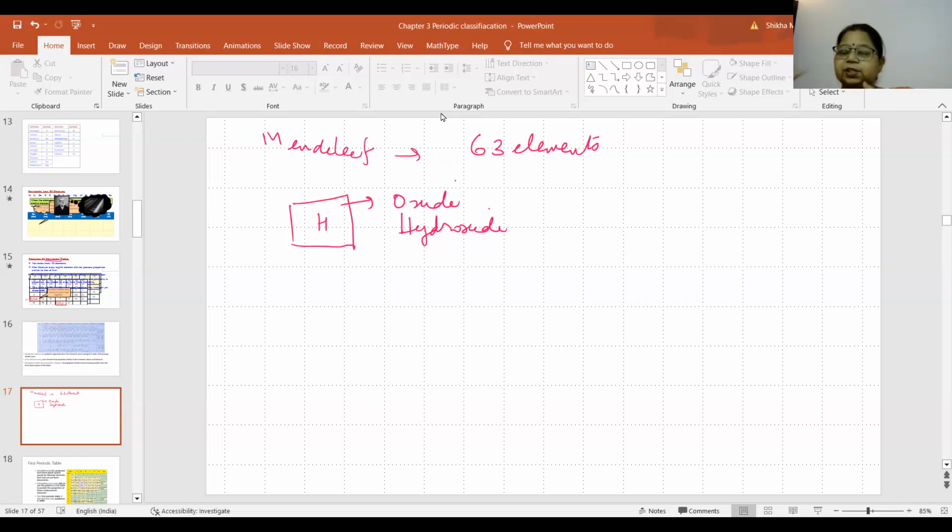So the first choice for anything to react with is oxygen, in the form of oxide. And our Earth is known as the blue planet. That means we have abundance of water. So the other thing, if the element is soluble in water, what will it do? It will react with water and form the hydroxide.